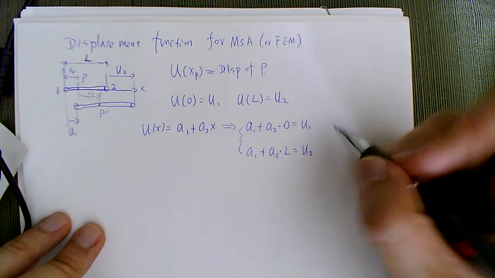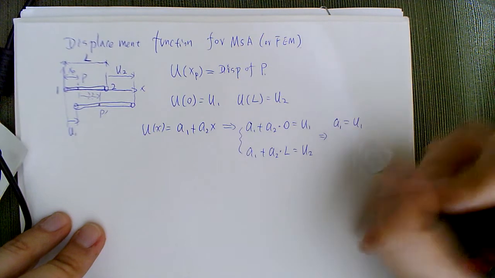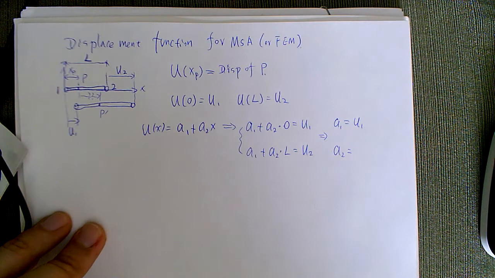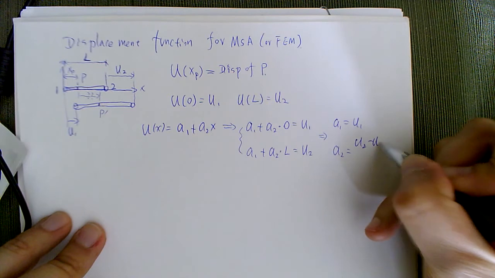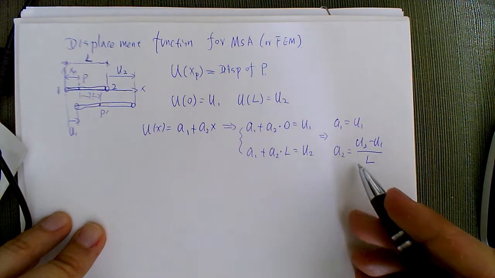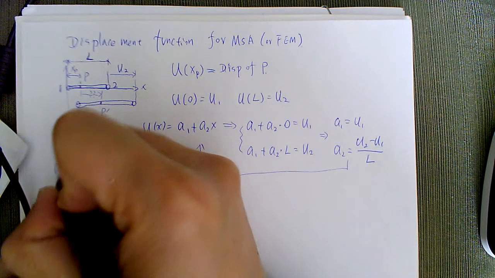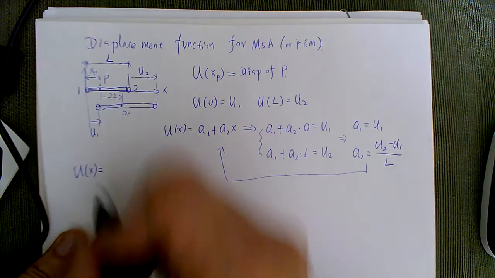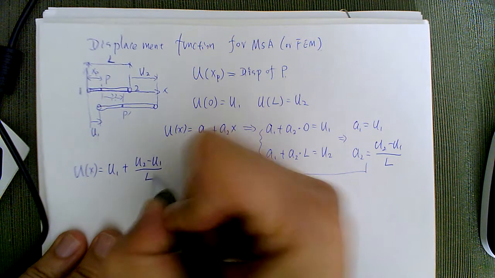So I can solve for a1 and a2. What I get is a1 equals u1, and a2 equals u2 minus u1 over L. Then you plug it back in, and you get your displacement function: u(x) equals u1 plus (u2 minus u1) over L times x.